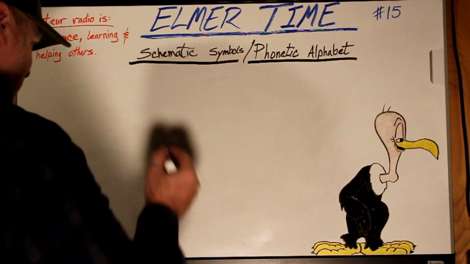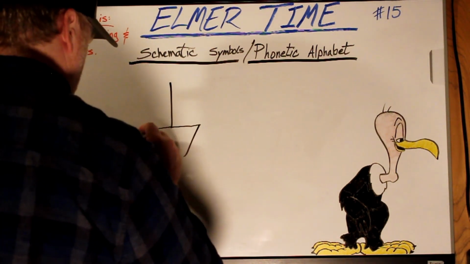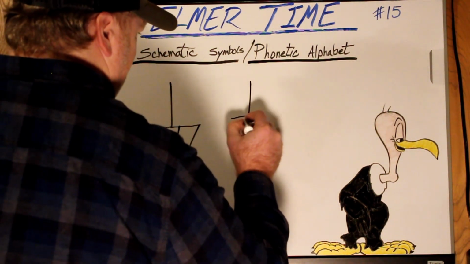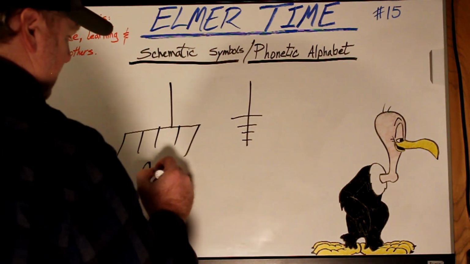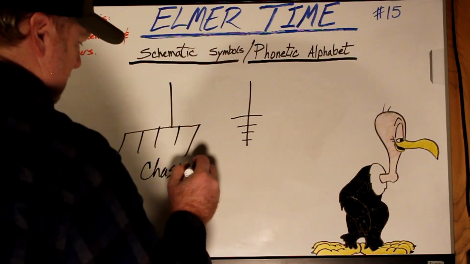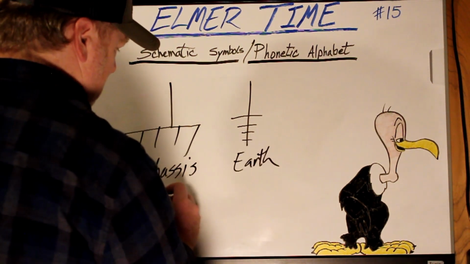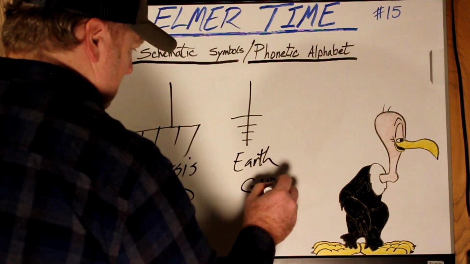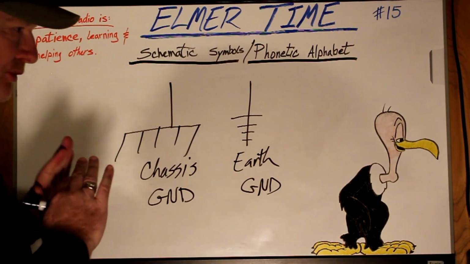Opposite of power sources, of course, would be ground. There's a couple kinds of grounds. Here's your chassis ground. This would be an earth ground. Both do the same thing. They both produce 0 volts.